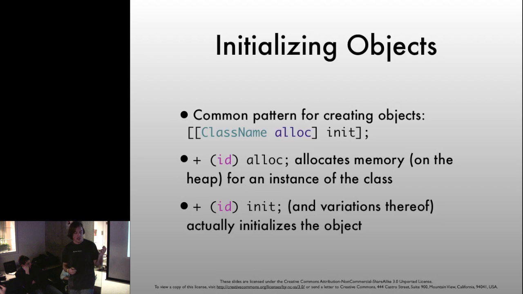Then there's a method called init, which stands for initialization, where you actually initialize your object and set up any initial conditions on your instance variables. If you have any long-running tasks you need to start, you can start them there. The idea is that init is where your class is going to get going, and you set yourself up. If you omit either alloc or init, your object will not be initialized correctly.